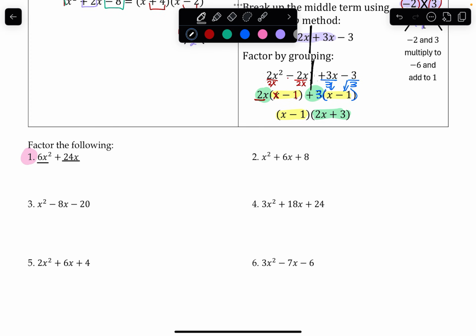So I know I can divide both of these by x, and then looking at the numbers, 6 and 24 are both divisible by 6. And so 6x is my GCF, put it outside the parentheses, and then do your division. 6x squared divided by 6x would just be 1x. 24x divided by 6x is 4. And so the factored form of this quadratic is 6x times x plus 4.